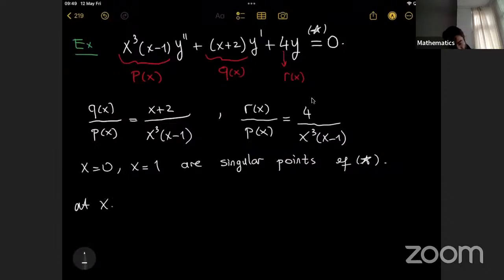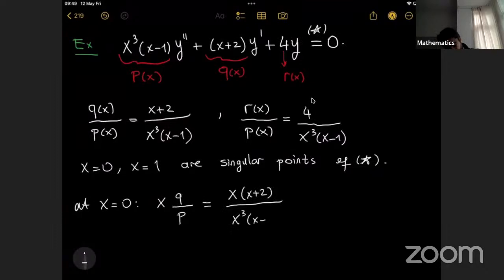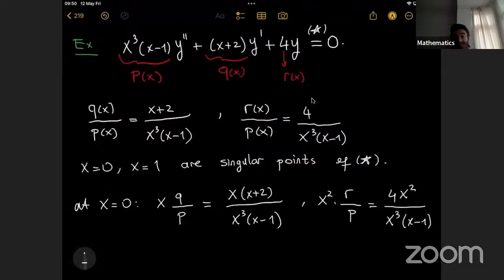At x is equal to 0, we will check x times q over p, which is x times this, and x squared times r over p, and this is 4x squared over x cubed times x minus 1.